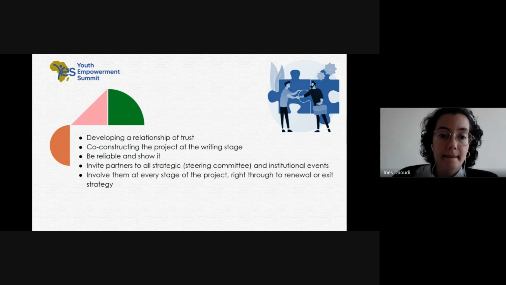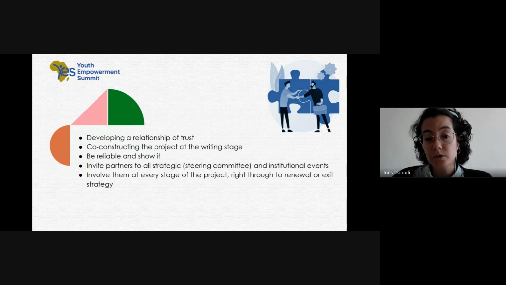What else? Identifying donors whose strategic priorities align with the project objectives and who have experience funding similar projects is important. You need to contact them.